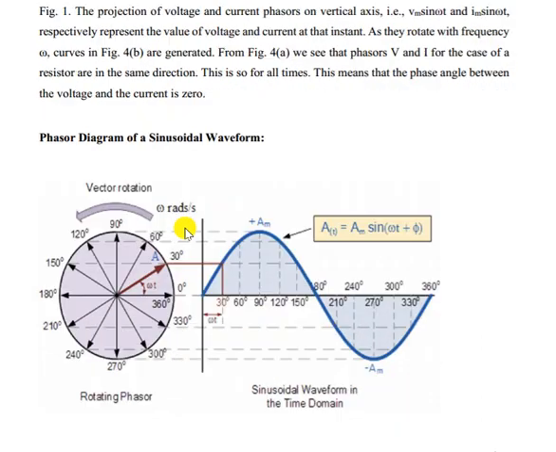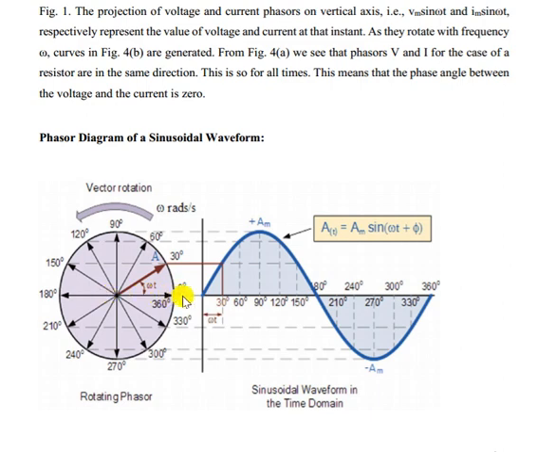This is another plot that you can see so that you can understand. Say A equals the voltage or current, Am sine of omega t plus phi. Here there is no phase difference; this started from 0, so this is a sine waveform, and this is your omega t. Now say 30 degrees, and this is your phasor.